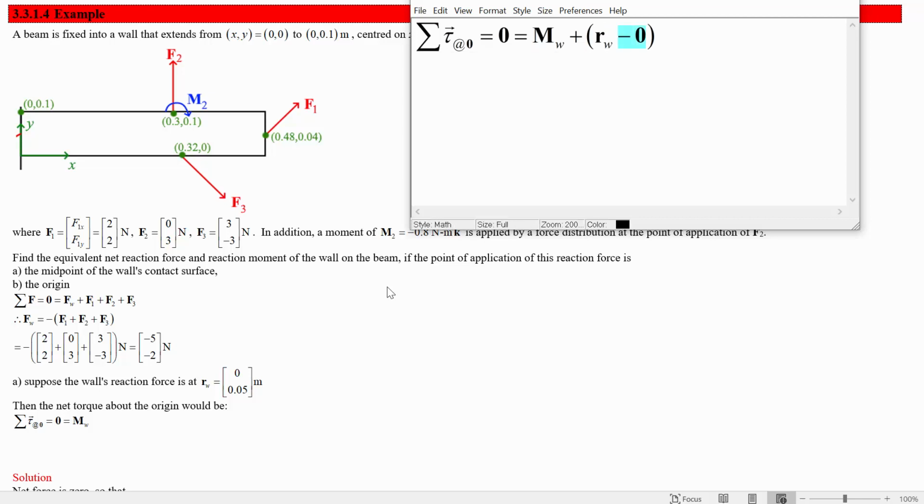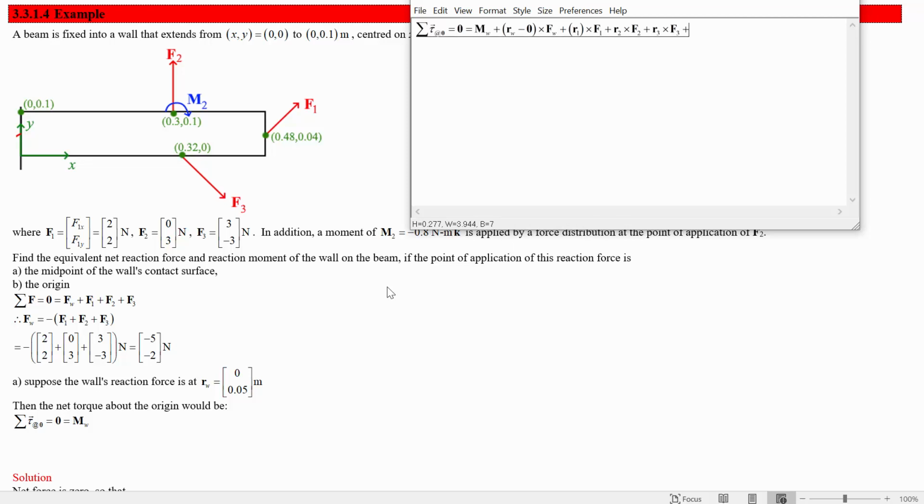They're all going to be minus the origin, crossed with FW plus R1 minus the origin, crossed F1. Let's make it a little bit smaller here, plus R2 cross F2 plus R3 cross F3.